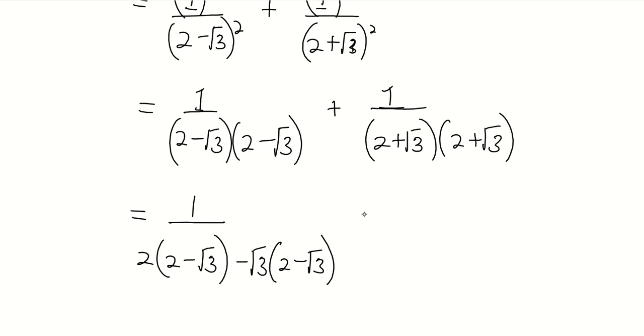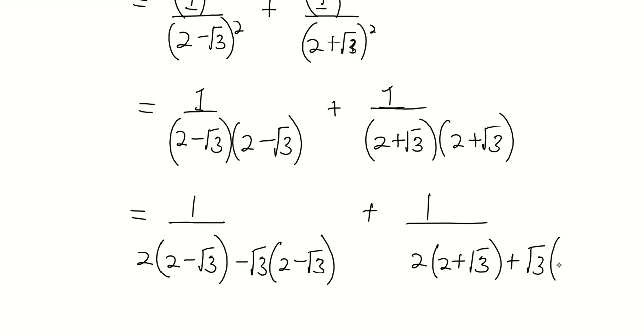And when we come here, we have plus 1 divided by 2 multiplying 2 plus square root of 3, so 2 plus square root of 3, and we also have plus square root of 3 multiplying 2 plus square root of 3, and we close our brackets.